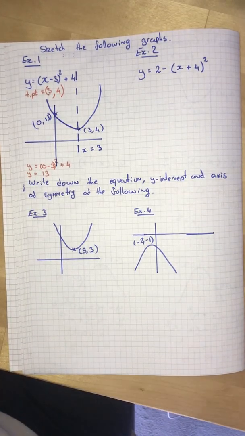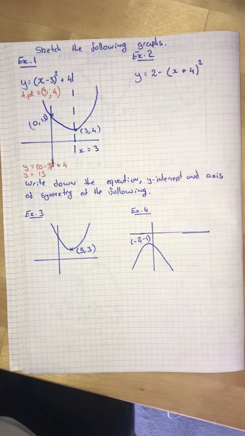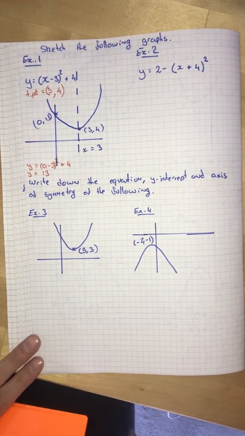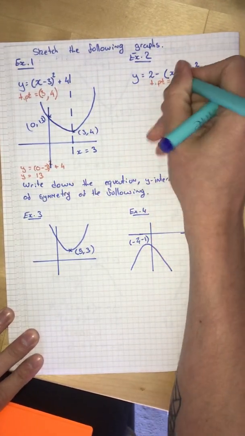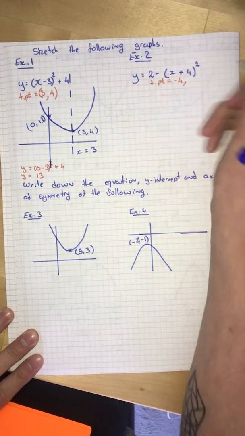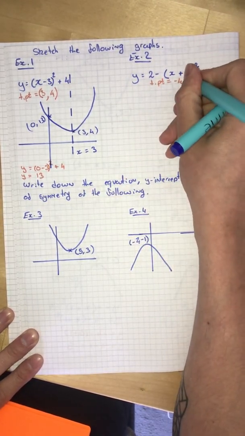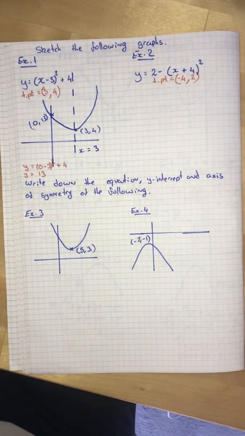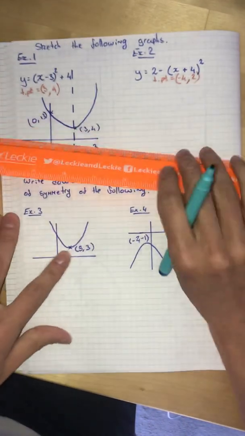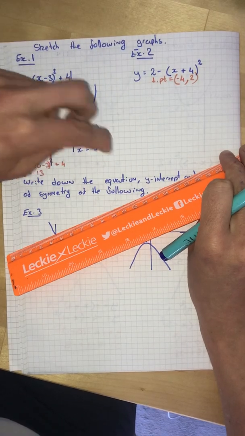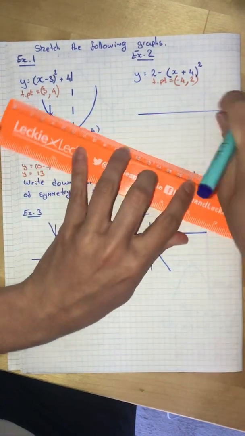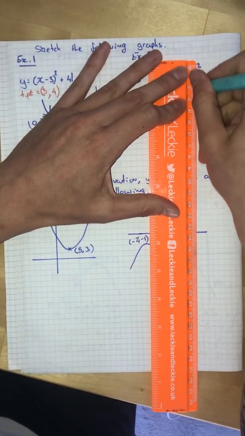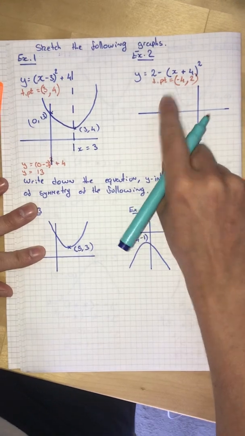Okay, let's do another one. Except this time it's going to be a negative graph. Let's firstly work out what the turning point is going to be. Change the sign. And keep the y sign the same. So it's negative 4, 2. Except this time it's going to be a negative graph. So instead of going like that, it's going to go like that. So negative 4, 2, roughly.